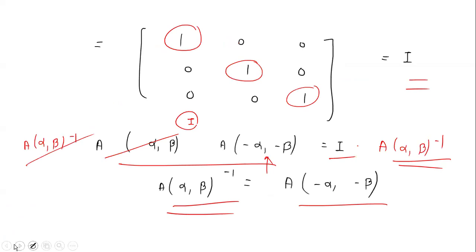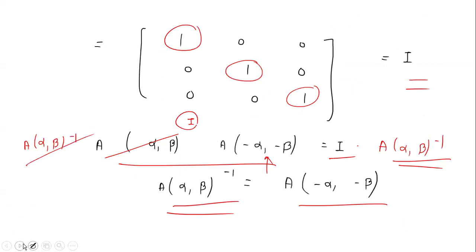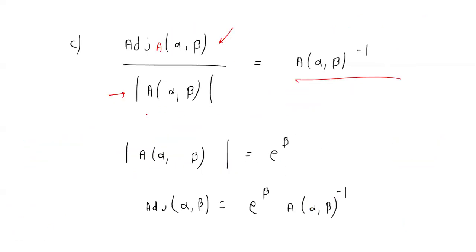And this is our A matrix. If you take the determinant of this, you can see that e power beta multiplied by cos square alpha plus sin square alpha is the determinant. So this is equal to e power beta. So this is actually the determinant of the matrix.